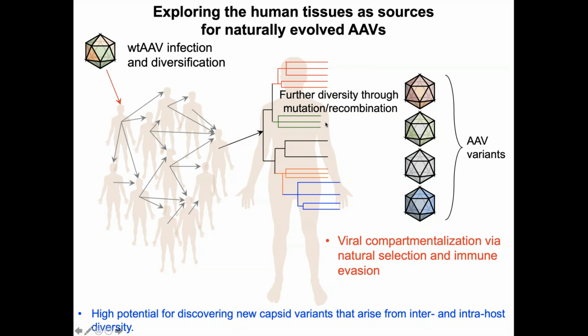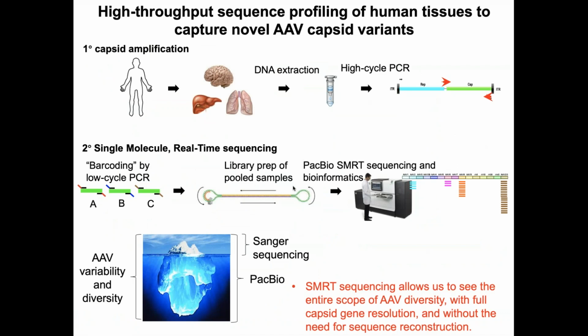So if we are able to query the presence of AAV variation in individual tissue types, perhaps we can come up with new capsids that can be vectorized for the purposes of gene therapy.